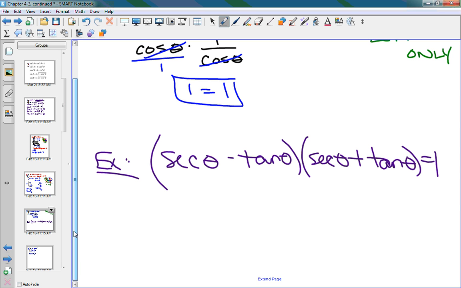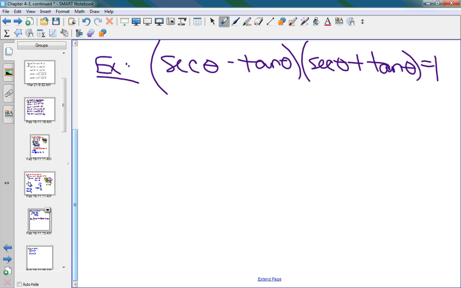Now, the next one. What's your gut instinct telling you to do with this one? We have two binomials multiplied together. Your gut's telling you to FOIL. Now, what do you notice about those two binomials? Think imaginary numbers. What were they called? They're opposites.